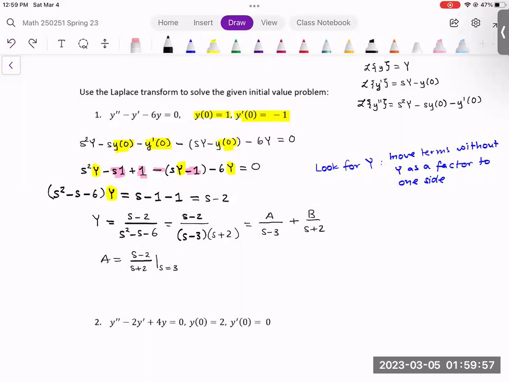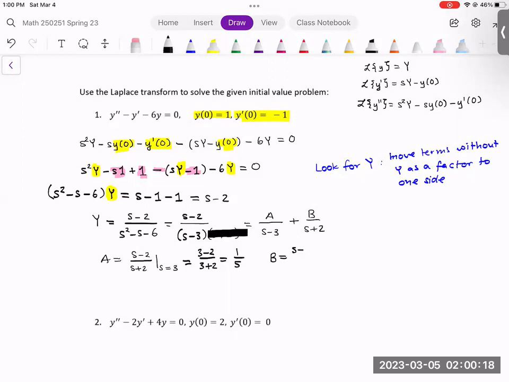All right, this gives us 3 minus 2 over 3 plus 2, or 1/5. And for B, same story. We're going to be covering up this s plus 2 term.